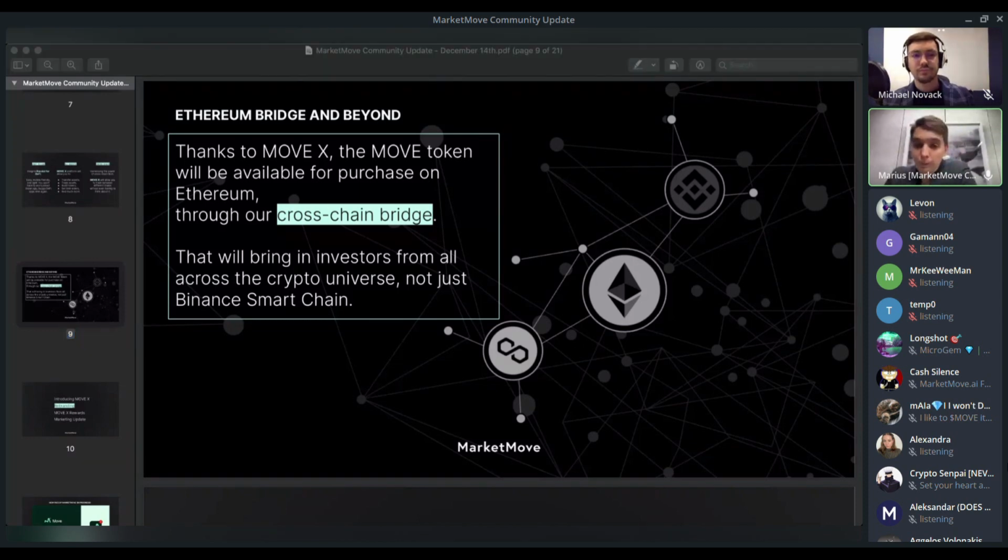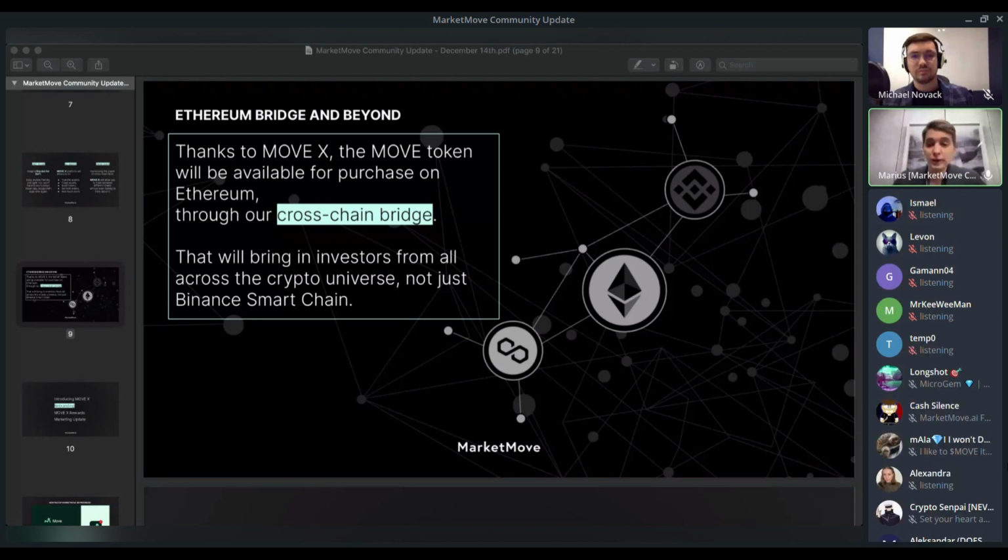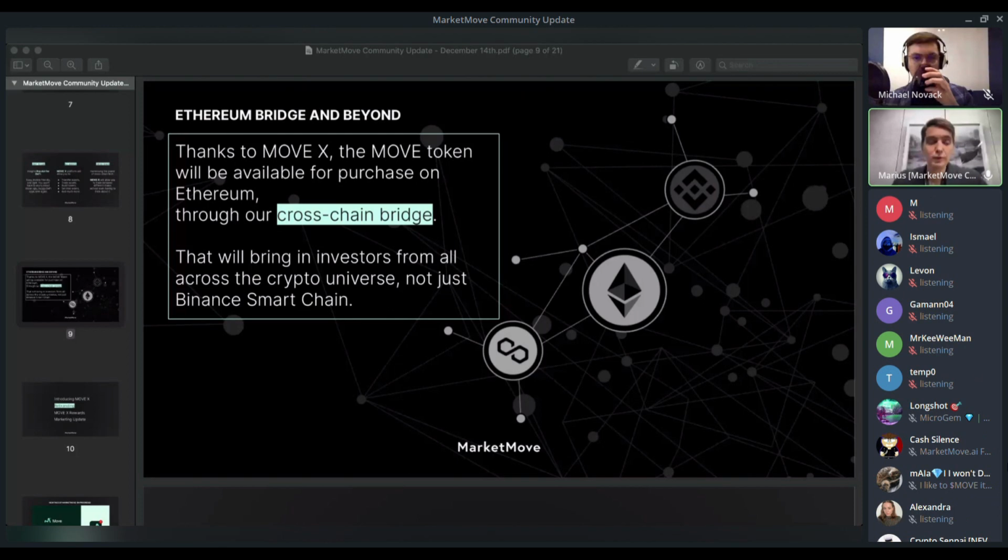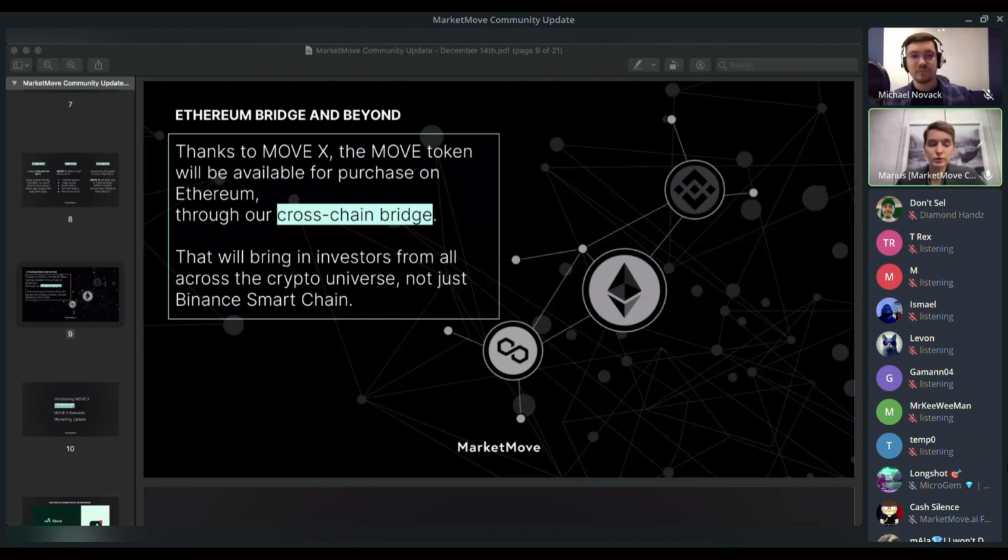All right, so there were questions. We have been speaking about the Ethereum bridge. So thanks to Movex, this is all going to be possible. It will be possible to purchase the Move token on Ethereum using our cross-chain bridge. So if you are an Ethereum user and you don't really want to start exploring Binance Smart Chain for any reason, but you have your assets already on Ethereum, you may just use our cross-chain bridge in the Movex to purchase Move tokens.